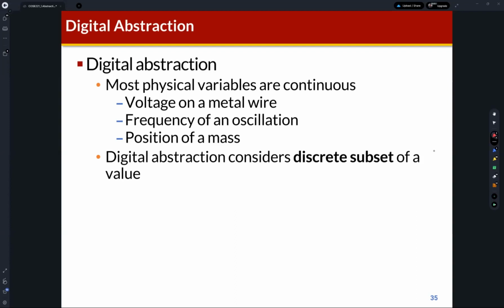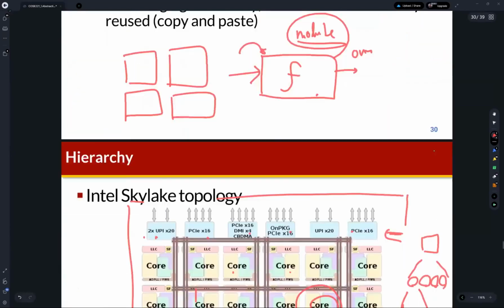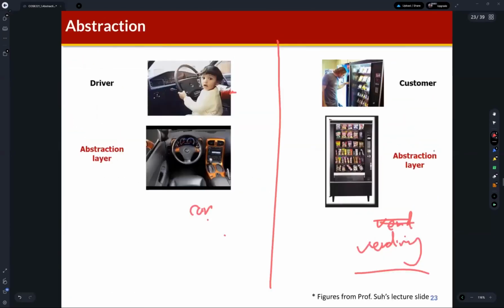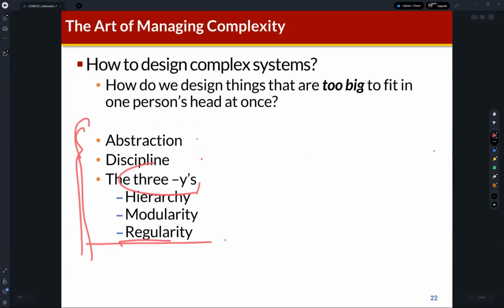I will explain about this abstraction in later classes. In this class, which is an introductory class for this course, I hope everyone can understand the concept of digital design and abstraction.